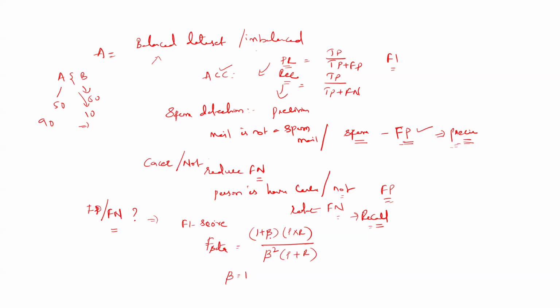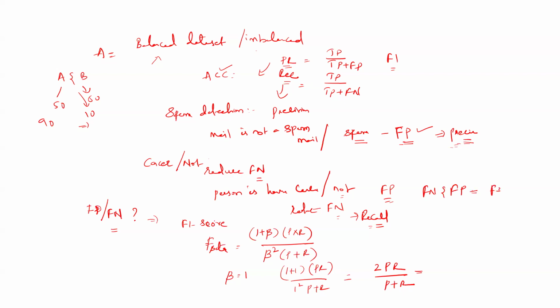This is the harmonic mean of the two variables P and R. When beta equals 1, it is (1 plus 1) into precision into recall by (1 squared times precision plus recall). That is given by 2 into precision into recall by precision plus recall. So when both false negatives and false positives are important, then we should take the F1 score.